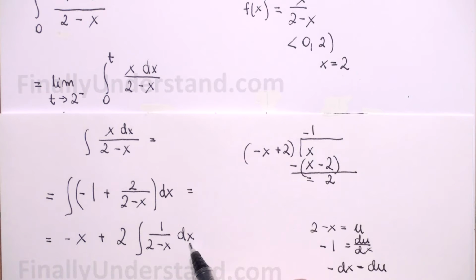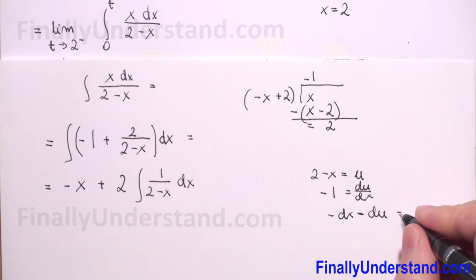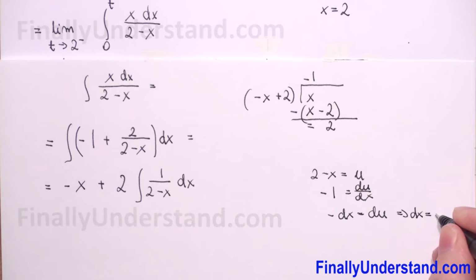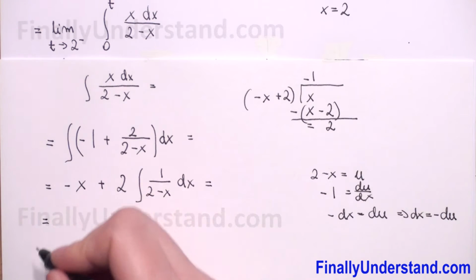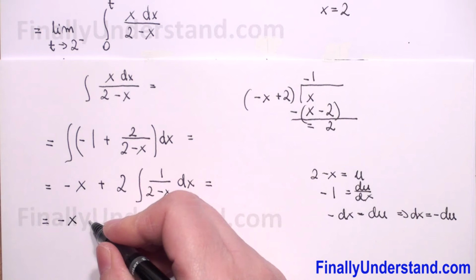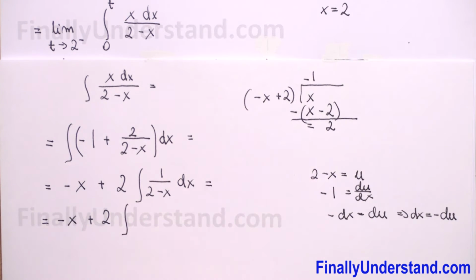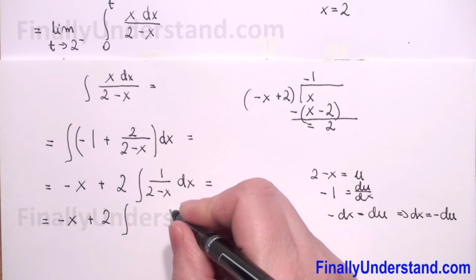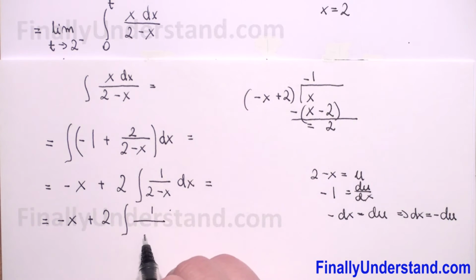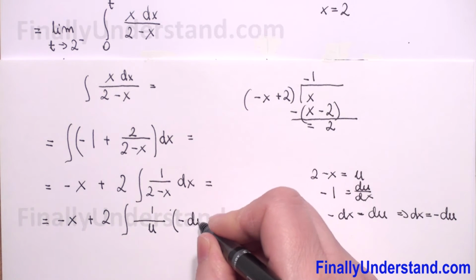We have only dx here, so now I will multiply both sides by a negative sign, so we have that dx is equal to negative du. So now we can rewrite: negative x, we will copy, and plus 2, and the integral of dx we will substitute by negative du. So let me put first 1 over 2 minus x as u, and we have negative du.